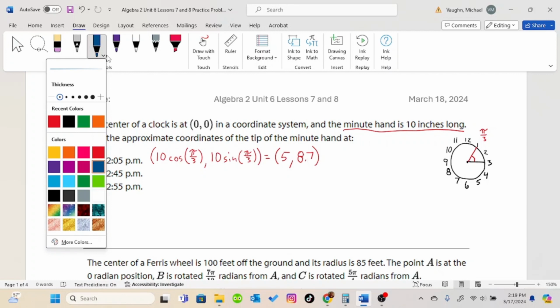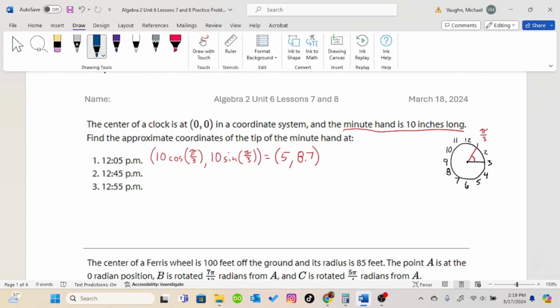So now let's try this for the next one. Now we're looking at 12:45. So our minute hand would be straight over here at the 9. And our angle would be pi.